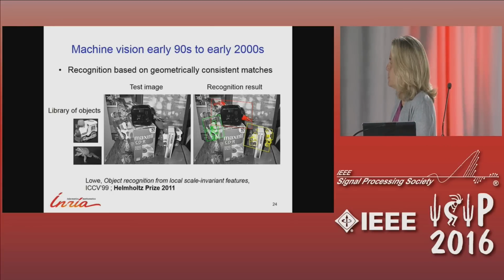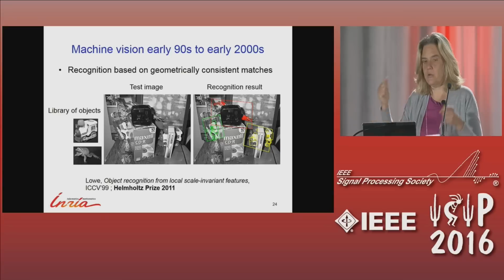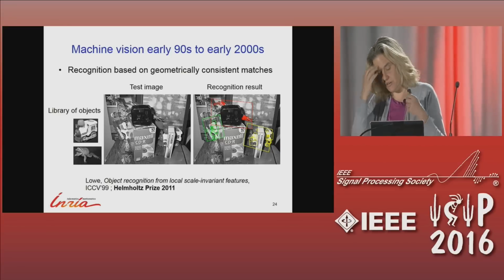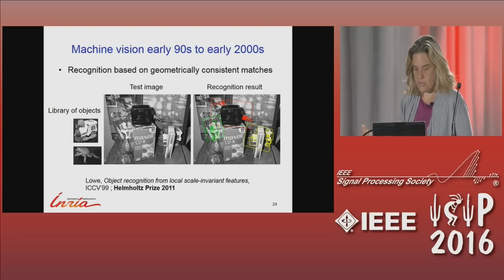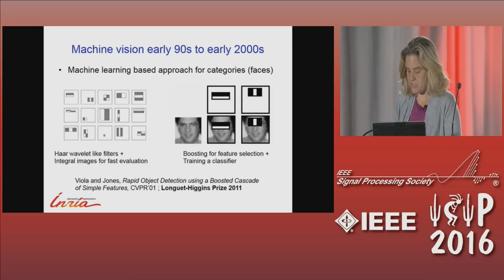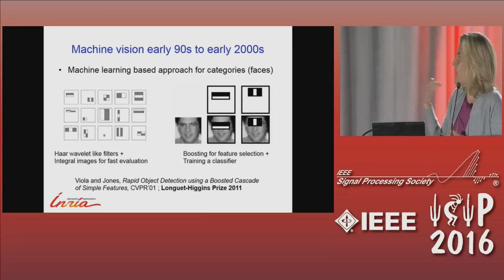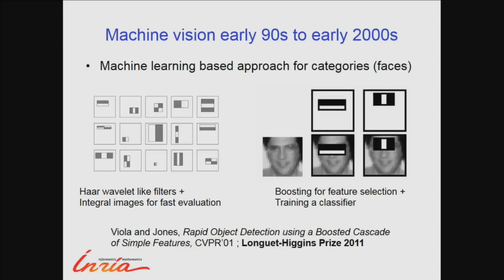So here you have a matching approach: you construct descriptors which are invariant to different transformations, and you match these descriptors robustly to the images. So there is no learning. The next step was actually to add machine learning to these low-level descriptors.